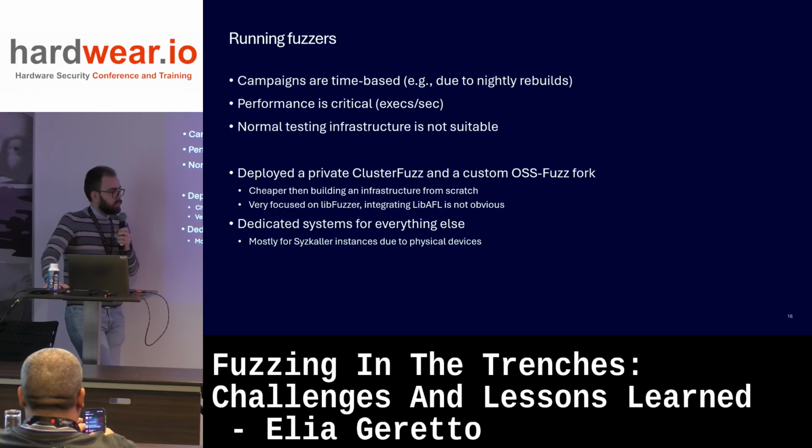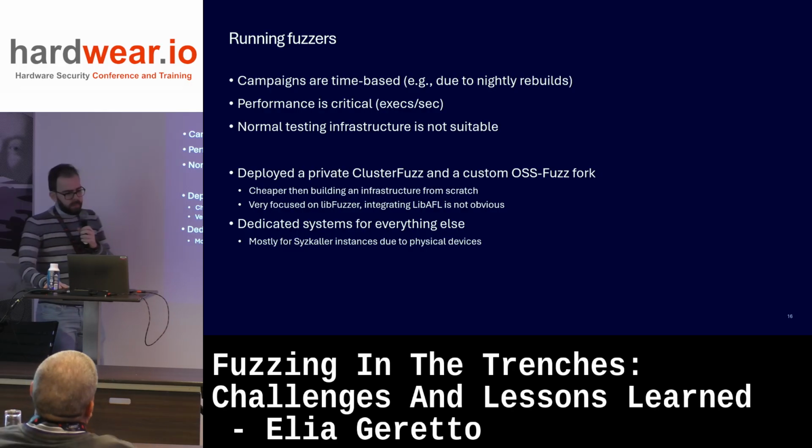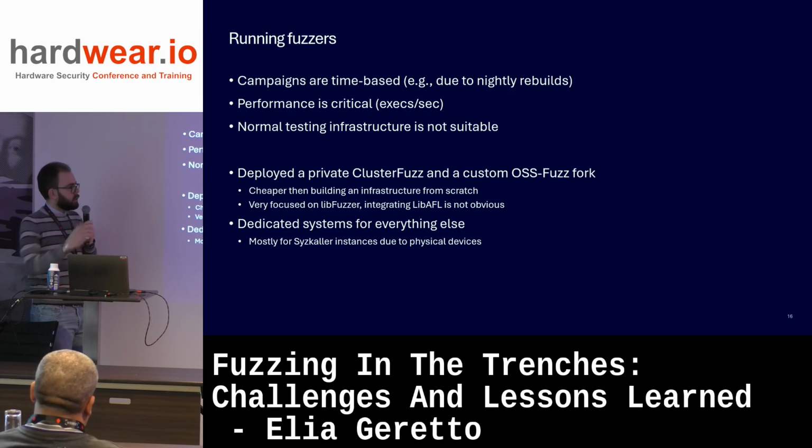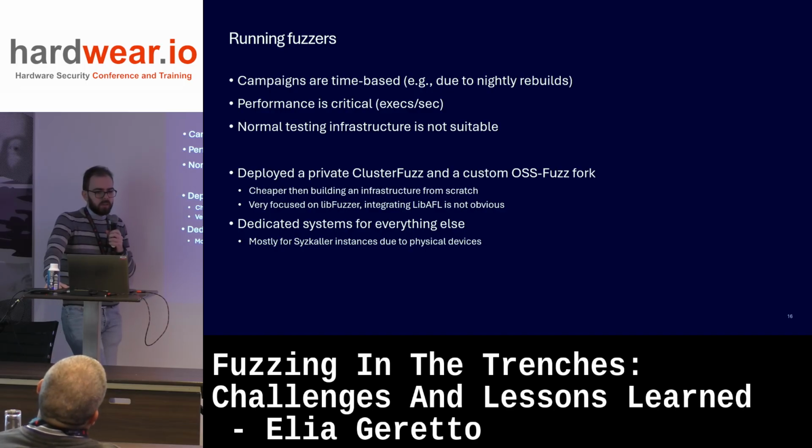And we managed to adapt it for our needs quite well. That, paired with a custom instance of OSS-Fuzz that doesn't look much like OSS-Fuzz anymore, but the build pipeline looks more or less the same. So you can use those two pieces of software, and you are able to fairly cheaply obtain building and fuzzing infrastructure that works without writing it from scratch.